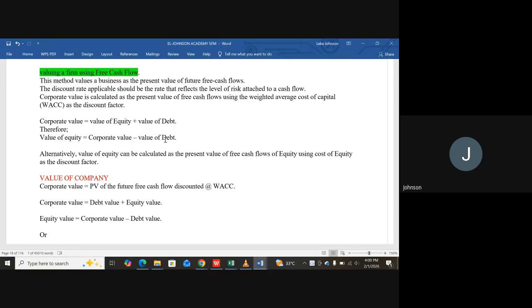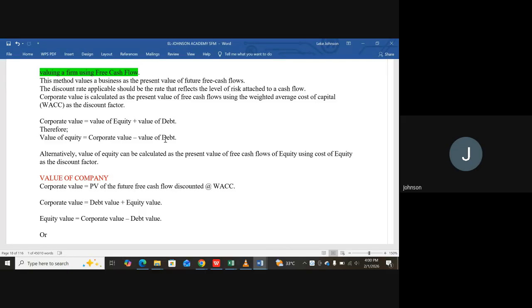So that being said, we need to continue. We already know that the corporate value is the value of equity plus the value of debt.